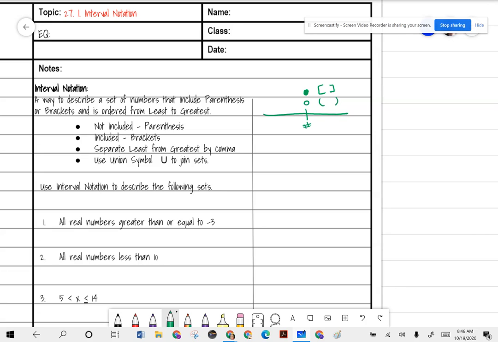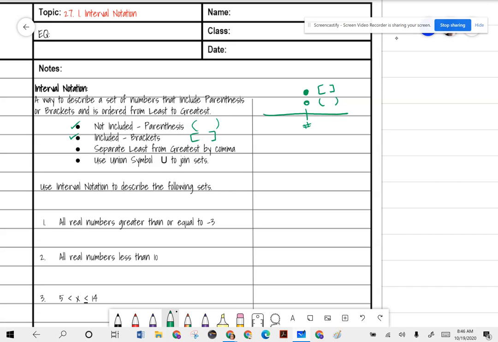The easiest way to remember this is that two sets of parentheses make up that open circle. So if we can understand that when things are not included, that's when we use the open circle, that's when you're going to use the parentheses. If a number is supposed to be included, that's the closed dot, then that's when you're going to use brackets.